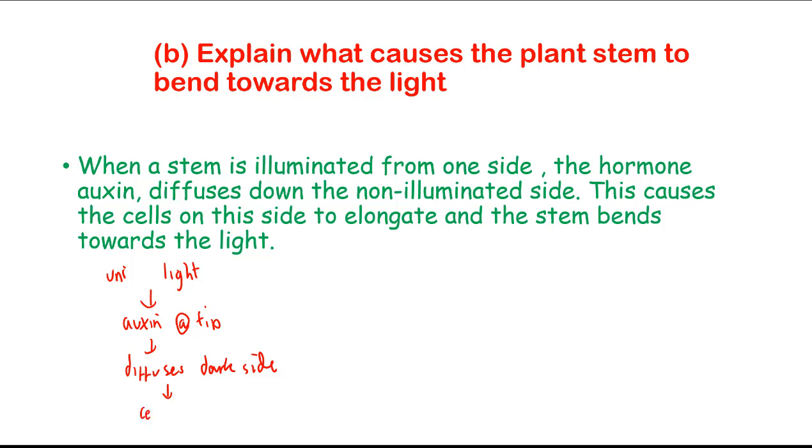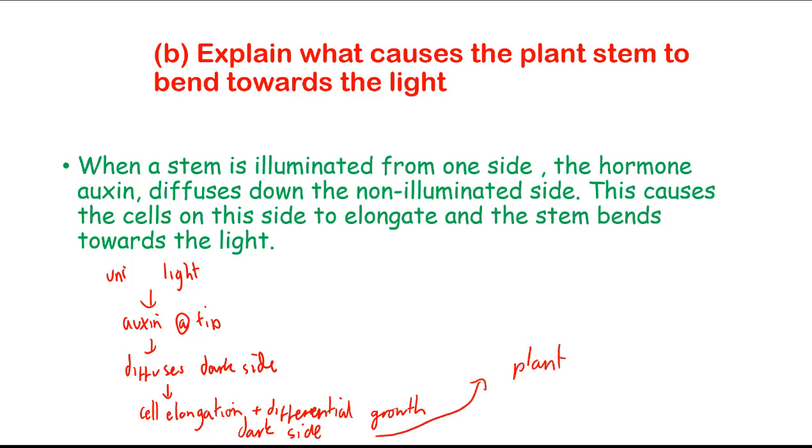It causes cell elongation and differential growth down the dark side, and as a result, the plant bends towards light.